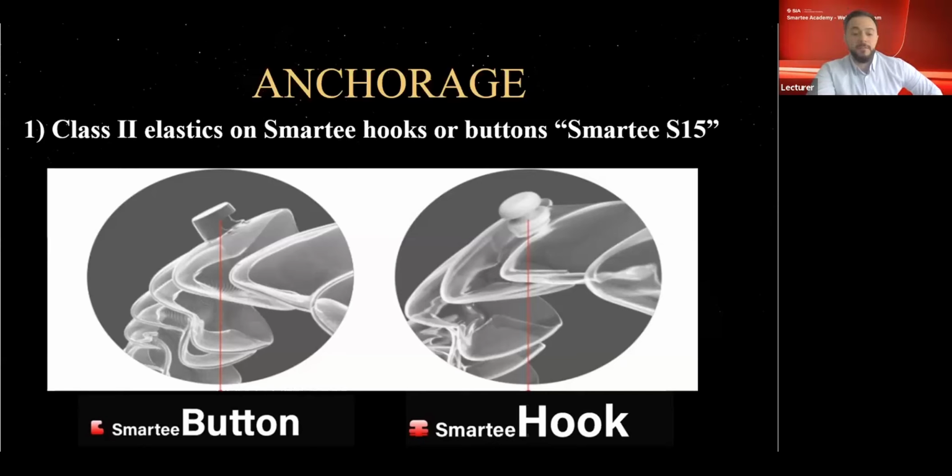And another thing is that when we do the button cutout and the hooks, we are compromising the surface area of the plastic covering and wrapping the tooth. And we all know that the aligners' main idea is to have as much of the tooth surface as possible covered by the plastic material.